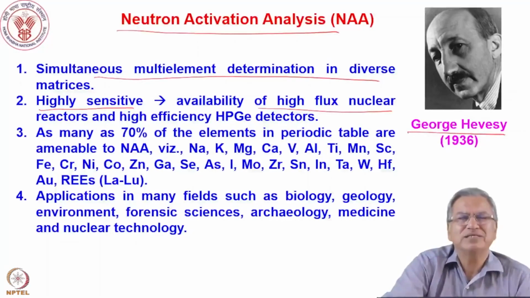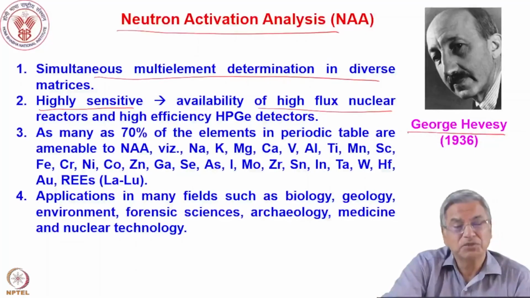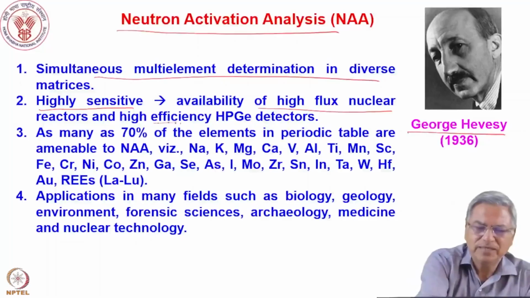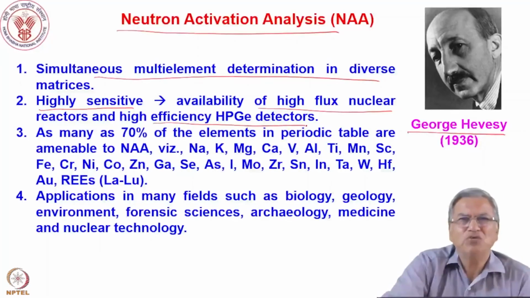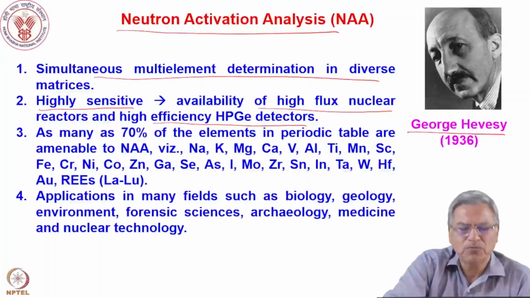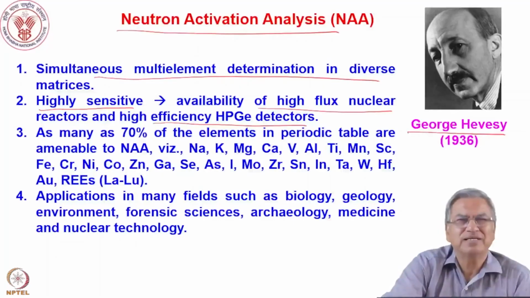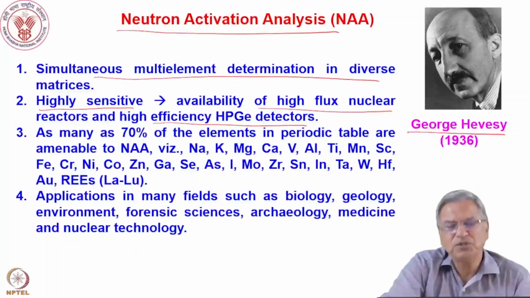And because of that, you can assay even nanogram, in some cases even picogram quantities of the isotopes. And secondly, this availability of high flux nuclear reactors is coupled with high efficiency, high purity germanium detectors. So you require high efficiency. I will discuss in detail what are the factors that govern the sensitivity of this technique.